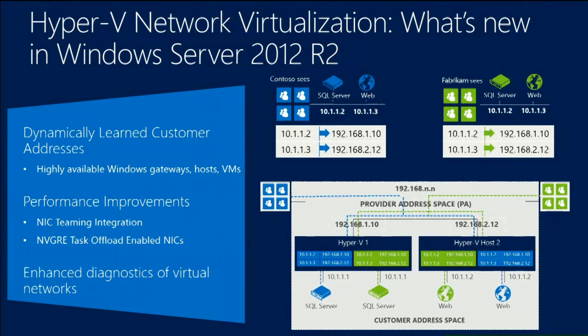So LSO is an example of an offload that you typically use with protocols like TCP, for instance, to offload the chunking of packets as they go on the network. Well, NVGRE is a new protocol, which means you don't automatically get that offload for free. So we are working with our partner ecosystem to provide LSO offloads for NVGRE-based packets as well.